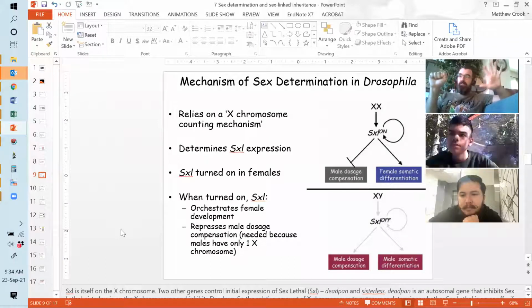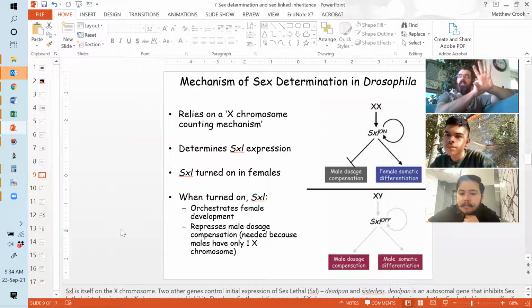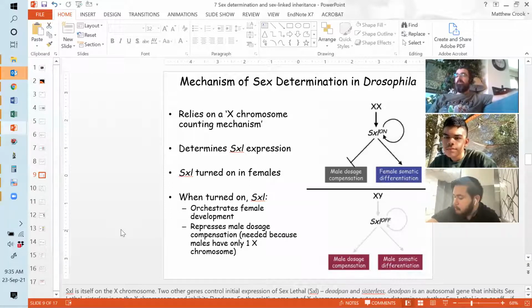It's like kind of, if I was to do a comparative deal, right? There's not enough sisterless to fully cancel out deadpan. And so deadpan is able to turn off sex lethal. And with sex lethal off, you have males.